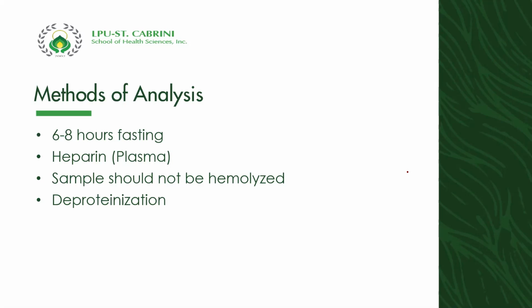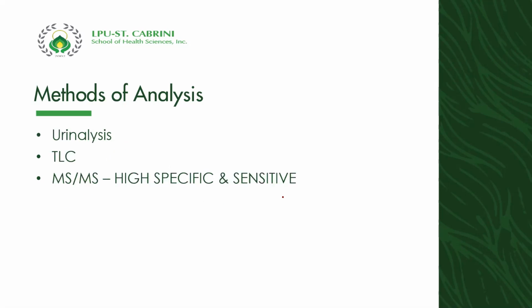Eh yung amino acids mo nga, yung backbone niya ay proteins. Okay? Remember that deproteinization must be done within 30 minutes after collection and performed immediately or stored at -20 to -40 degrees Celsius. For your analysis, we can also do that, no?